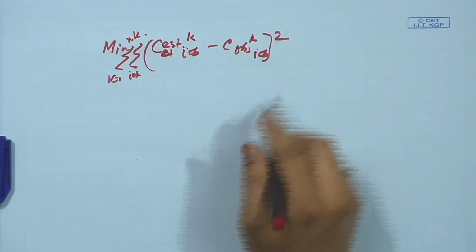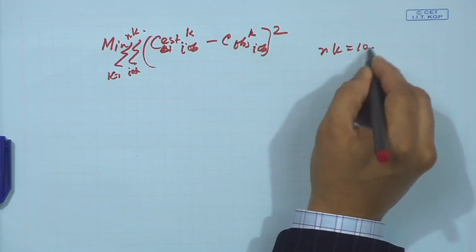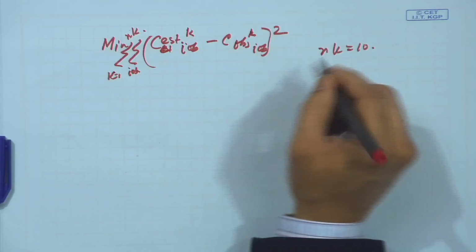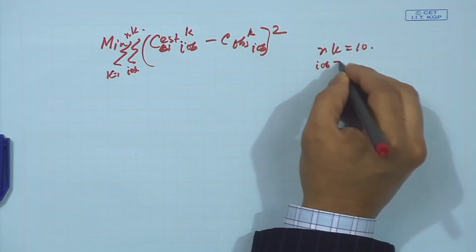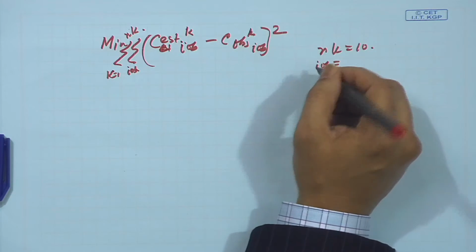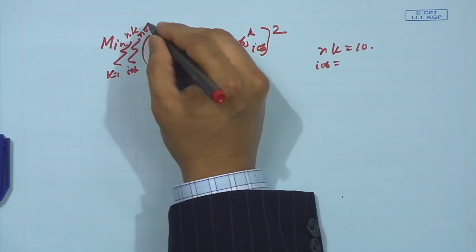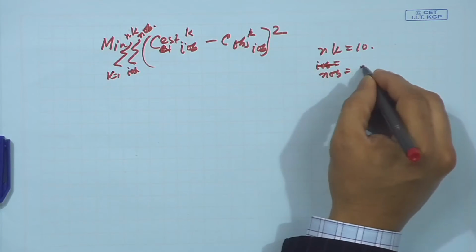So if you have 10 time periods, you have this data, so nk will be 10, and you have maybe 5 locations where you are observing or measuring these values. IOB is the variable, and NOB is equal to 5.